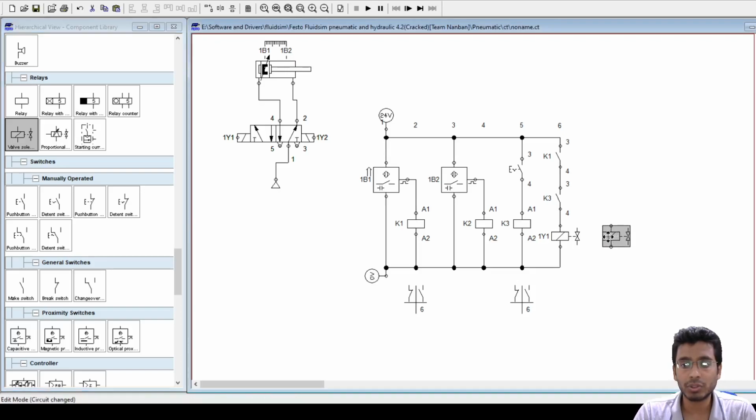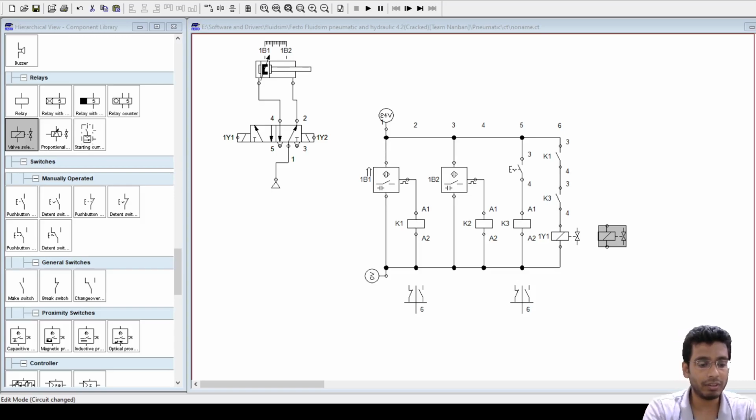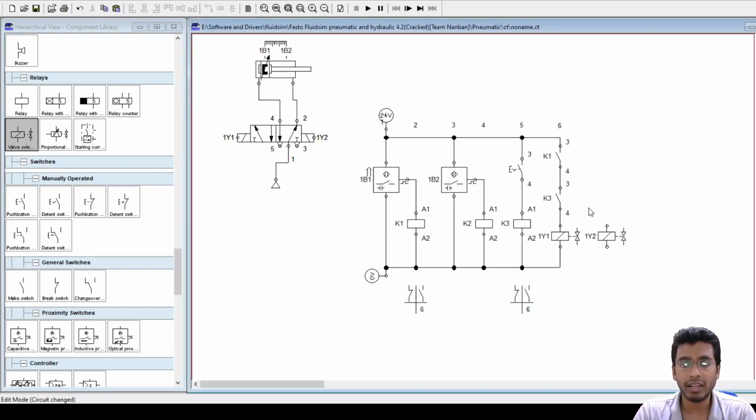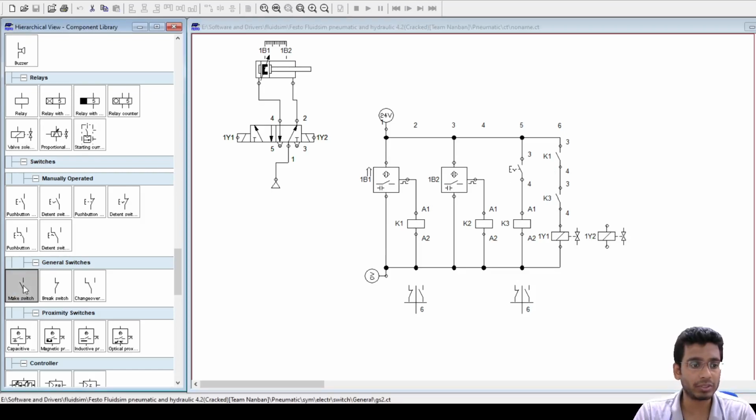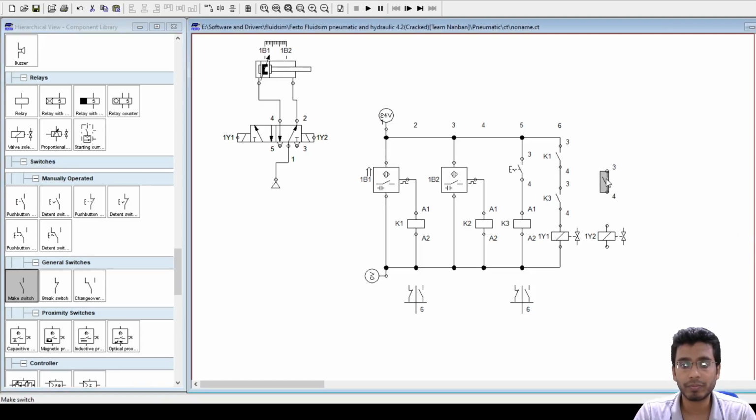So I will take another solenoid valve here, name it 1Y2, and I will also be using another make switch here. What should be the labeling of this make switch here?